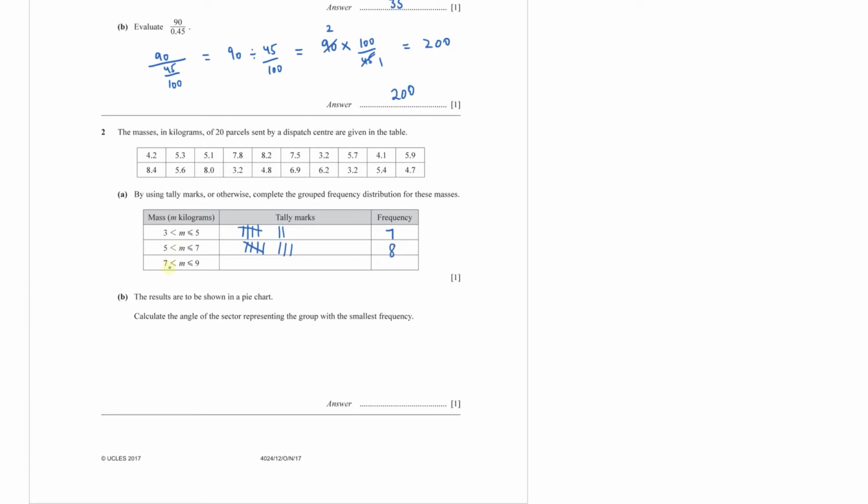And then the last one is greater than 7 but less than or equal to 9. So let's see. This is greater than 7. So I can write this one. This is greater than 7 as well. This is also greater than 7 and less than or equal to 9.